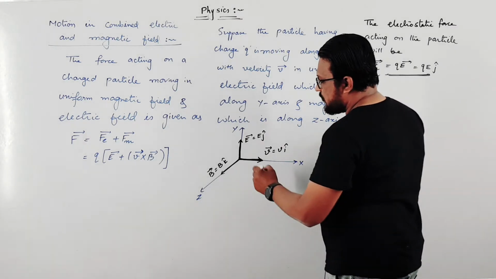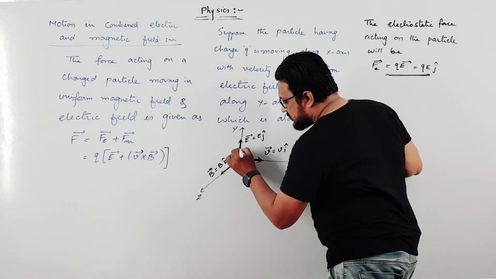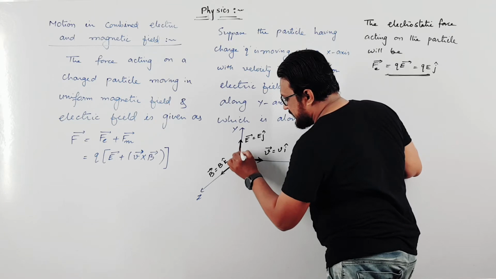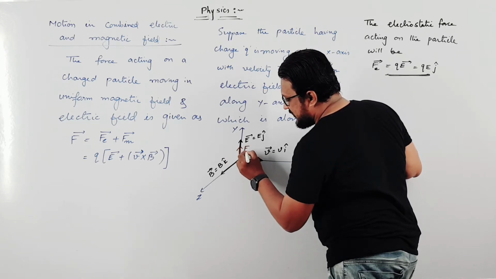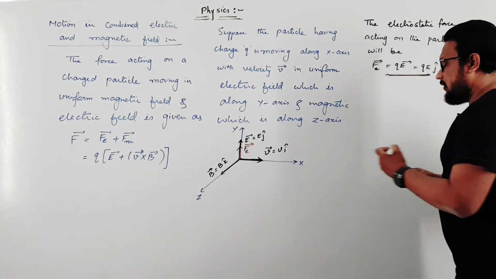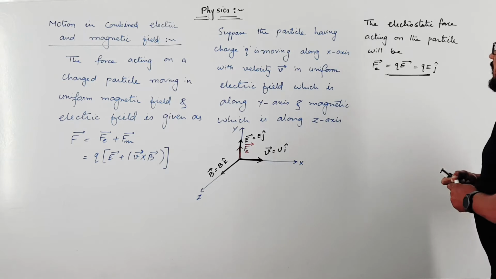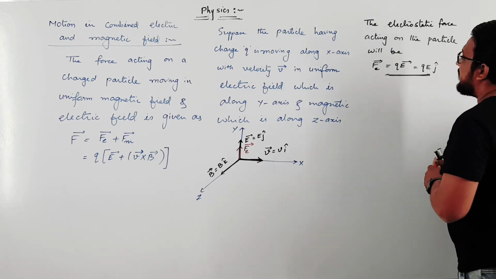So the electrical force acting on this charged particle will be in this direction. This is Fe, the electrical force or electrostatic force or Coulombian force, in the upward direction, that is in the direction of the electric field.